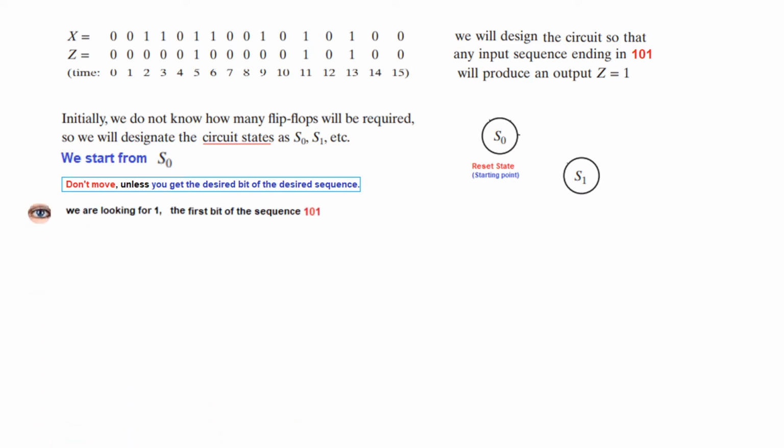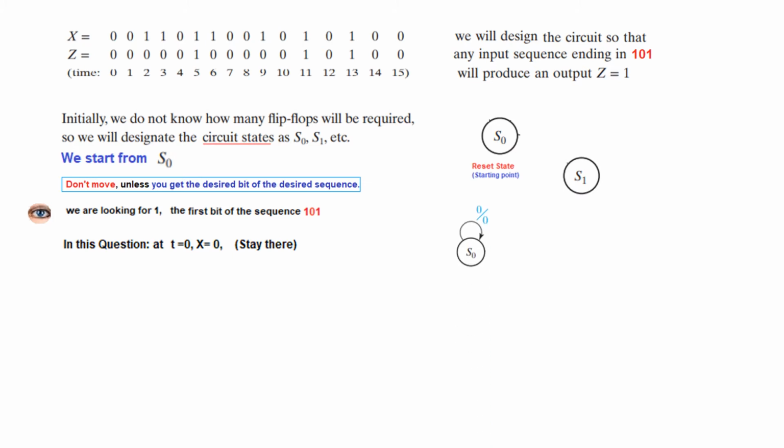So let's see how this happens. In the first case we are looking for a 1, the first bit of the sequence 101. In the question, at t equal to 0, the input x is 0. So we'll not move, we'll stay there. And how do we show this in the circuit? We loop back.